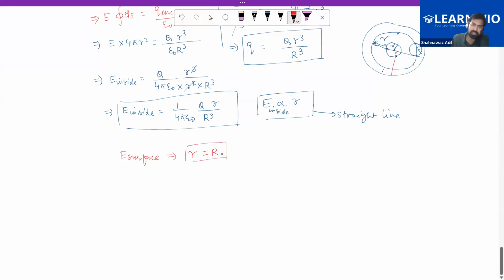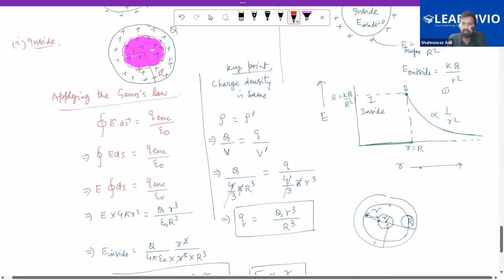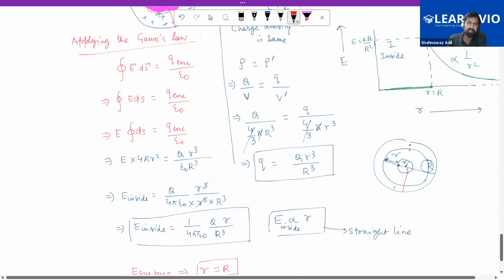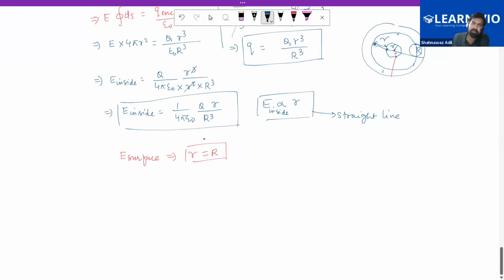That is how you identify the surface. So we just put this value, then E surface would be how much? This would be Q R, 4 pi epsilon naught R square. So this will cancel and we will get what we got earlier. So this would be KQ by R, right?